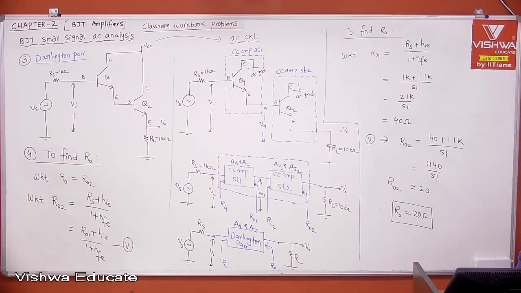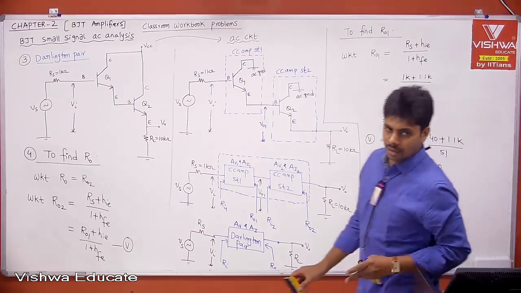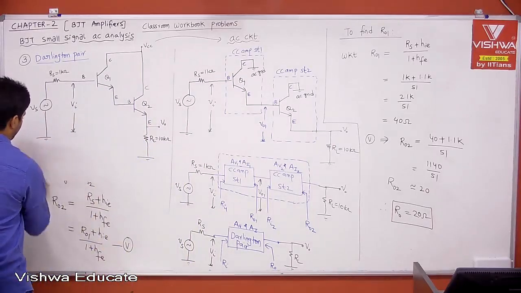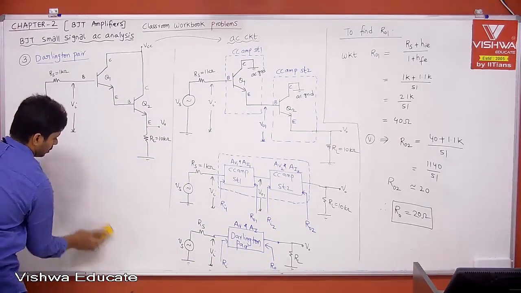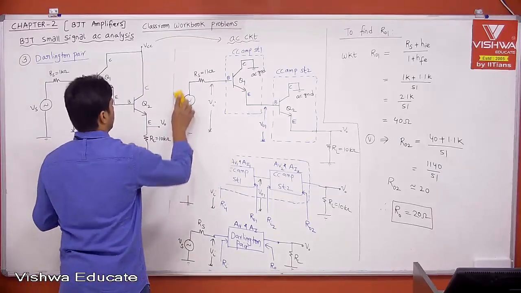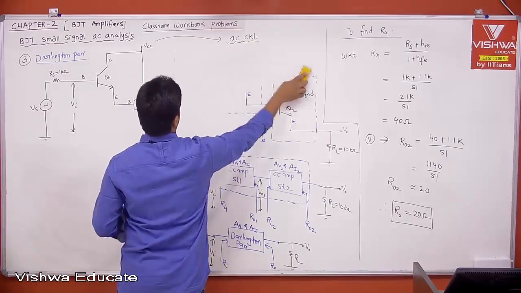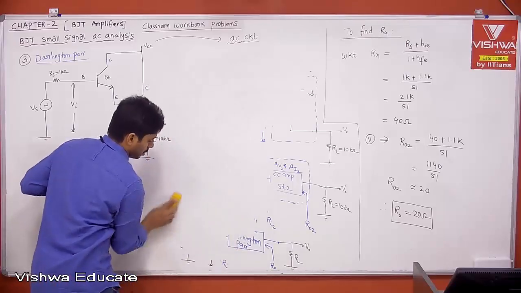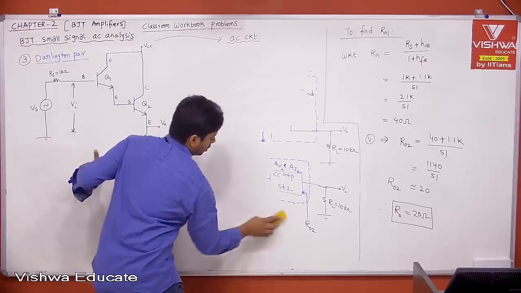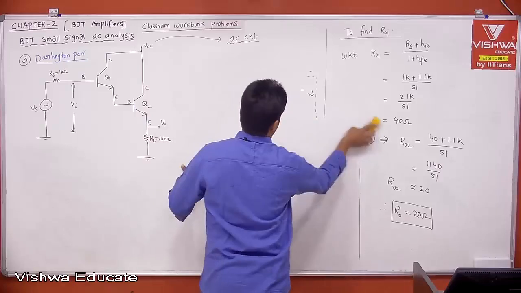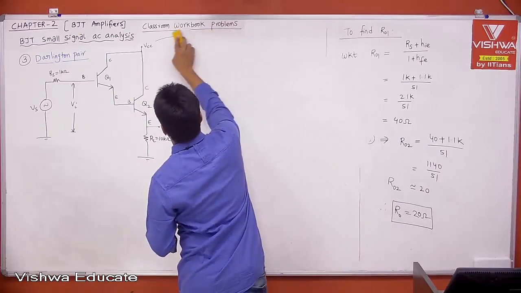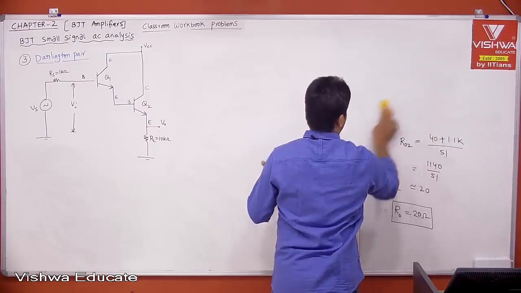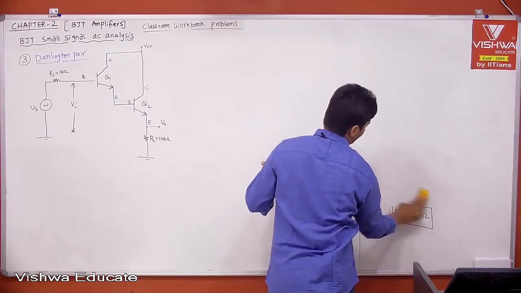Now let's have observations. Write down observations. See, your voltage gain is not improved.